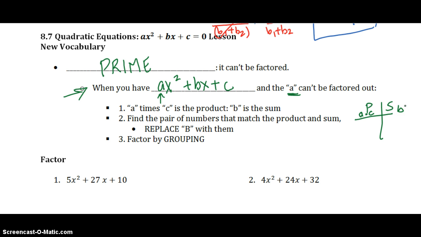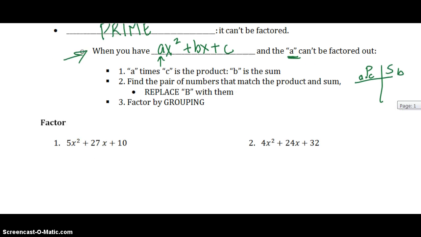Let me show you how that looks. We have to find a pair of numbers that match the product and sum, and then we replace the b with those. So instead of 1b, we're going to have the 2, and we'll factor by grouping.